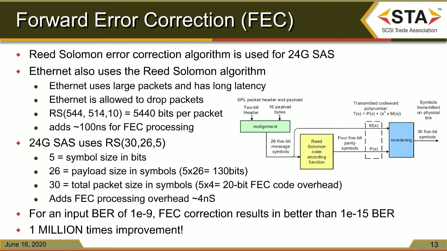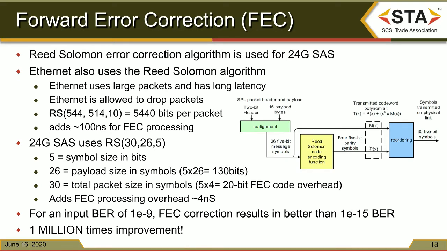That delay time is way too invasive for SAS. And so although we use the same algorithm, we use very different size packets. SAS uses Reed-Solomon code, and in the brackets here you'll see 30, 26, 5. 30 is the entire packet length in symbols, so it's 30 symbols. 26 is the actual payload.